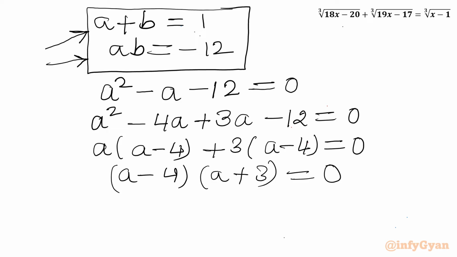Now I can write from here a minus 4 equal to 0, then a is equal to 4; a plus 3 equal to 0, a equal to minus 3.